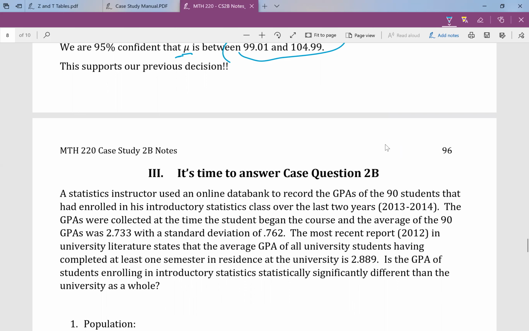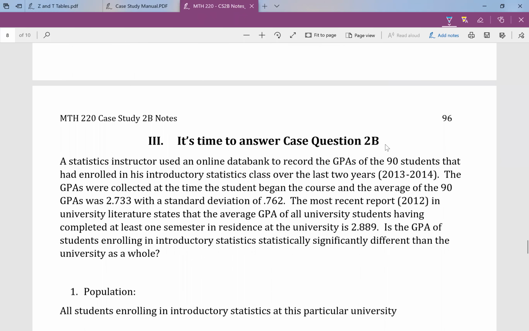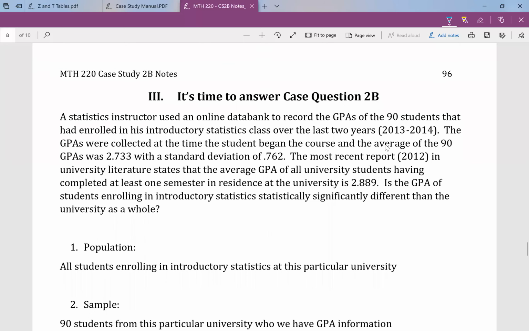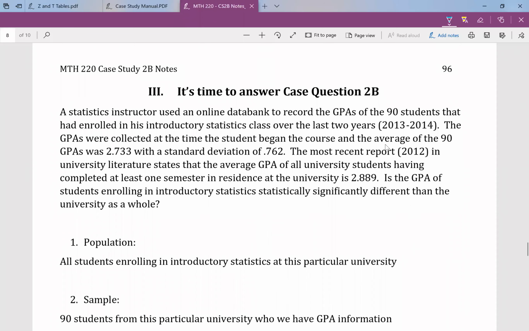Okay, we're going to start with the first 5 ingredients. So my population, I wrote as all students enrolling in introductory stats courses at this particular university. And where that came from is our sample. So the sample are the 90 students that had enrolled in his introductory stats class, who we have GPA information on.